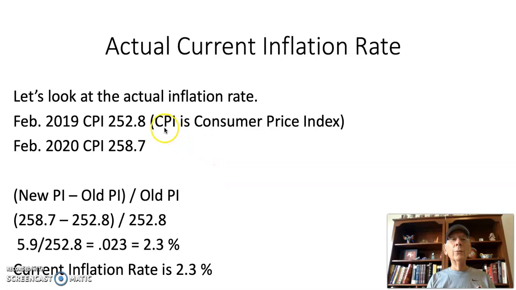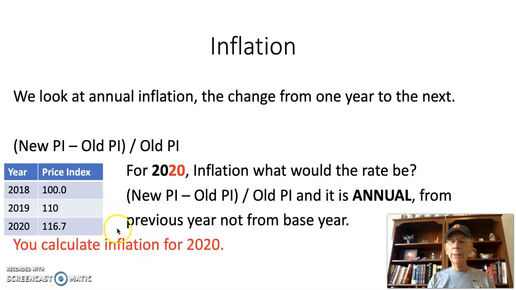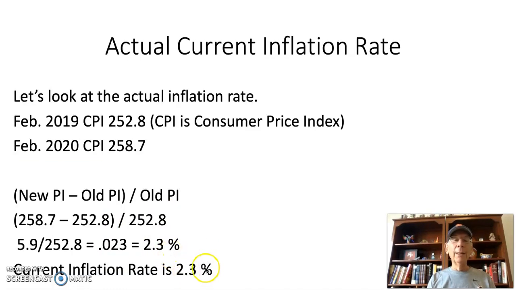One year ago, the Consumer Price Index, the CPI, stood at 252.8. Today, the most recent one we have, March data has not yet come out, is 258.7. The new price index minus the old price index over the old. And what we see is the current inflation rate is 2.3%.